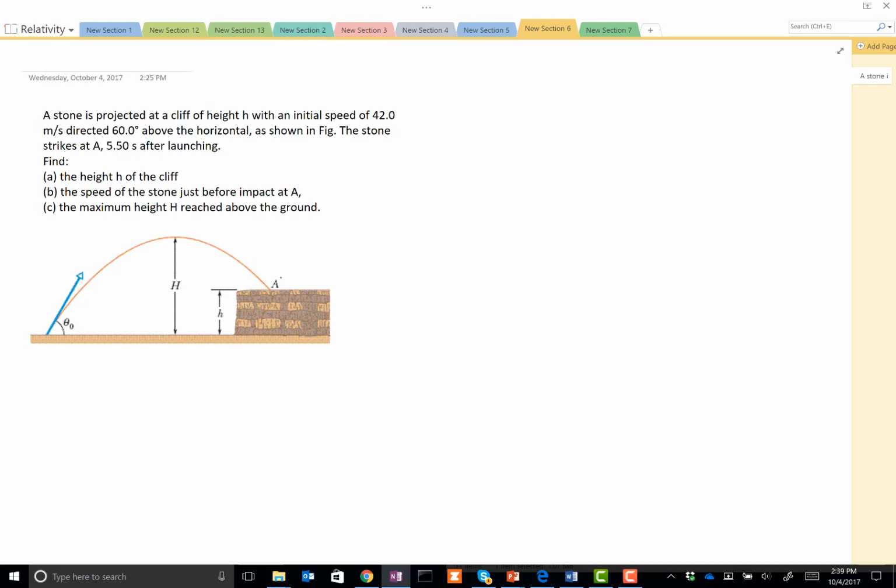So we are asked to find this little h, the height of the cliff, and then we want to find the speed at which it strikes here. And we also want to find the maximum height, capital H, that it reaches above the ground.